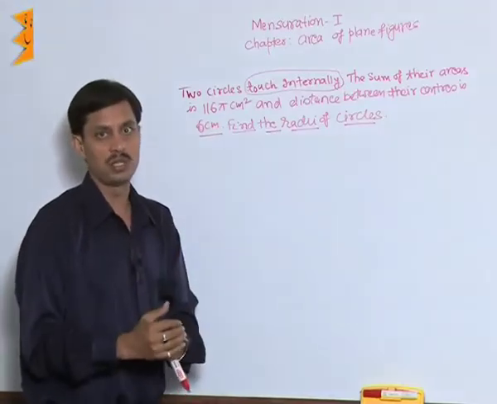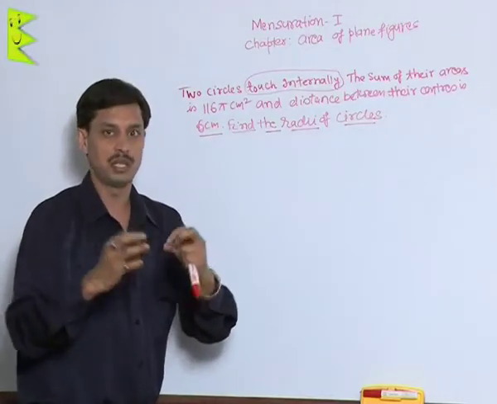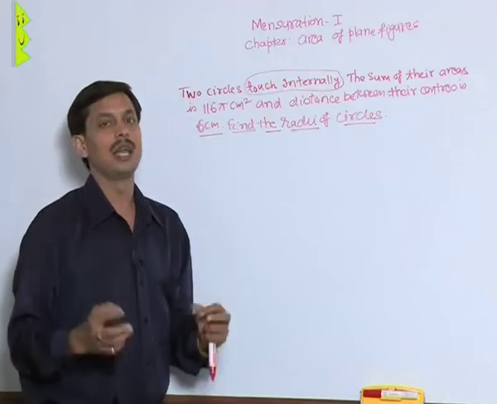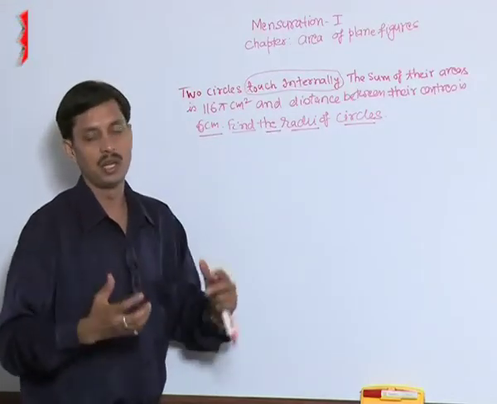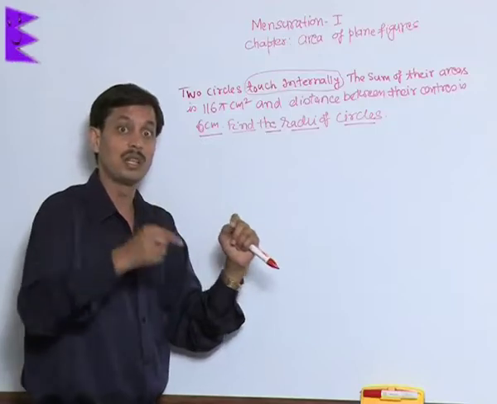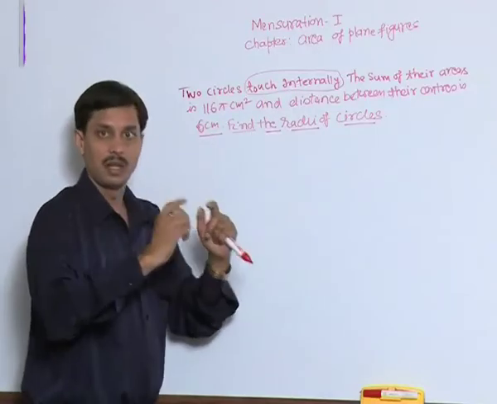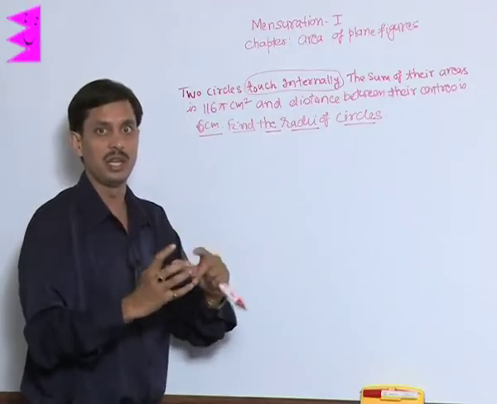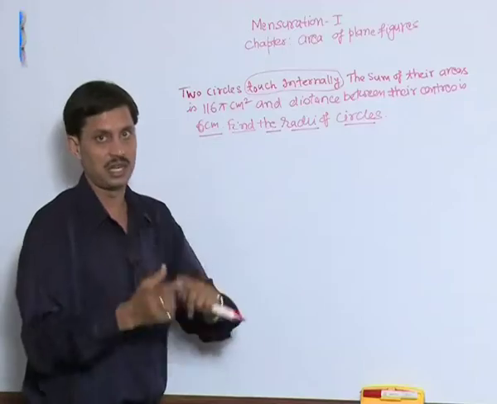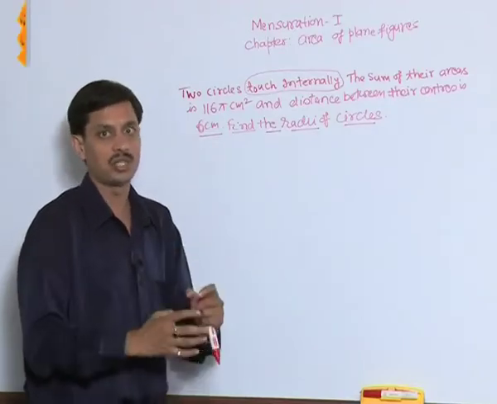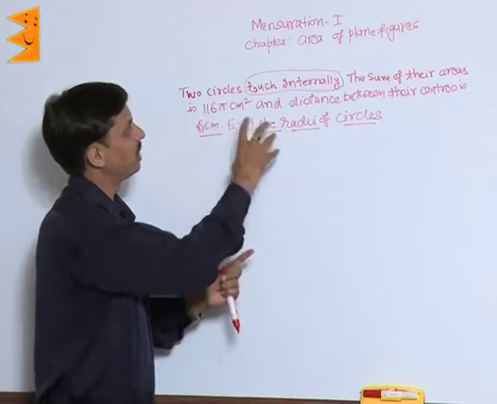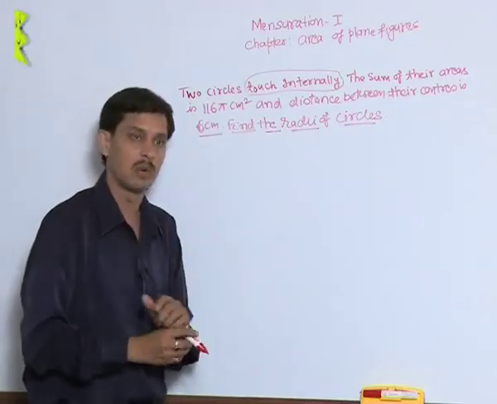And the second concept is when two circles touch externally, the distance between their centers is the sum of their radii, whereas when two circles touch internally, the distance between their centers is the difference of the two radii.